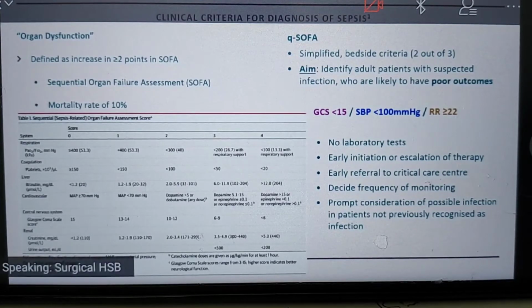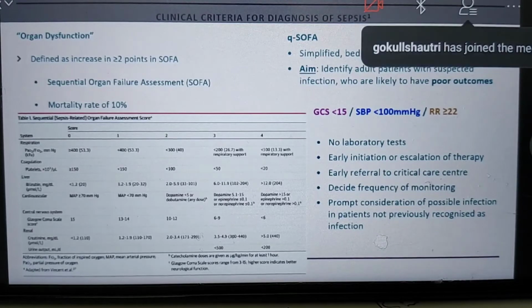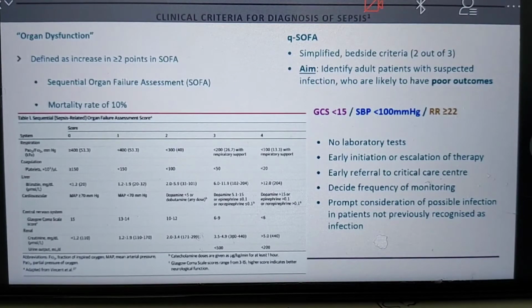Score 0 is when the PaO2/FiO2 ratio is 400 or more. Score 1 is less than 400, 2 is less than 300, 3 is less than 200 with respiratory support, and 4 is less than 100 with respiratory support.